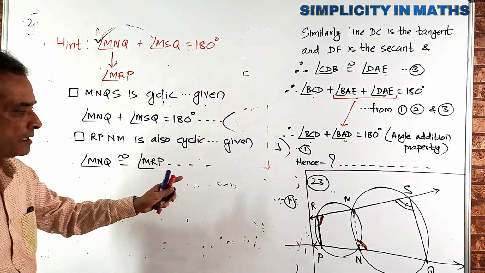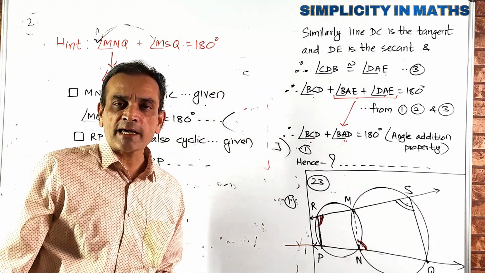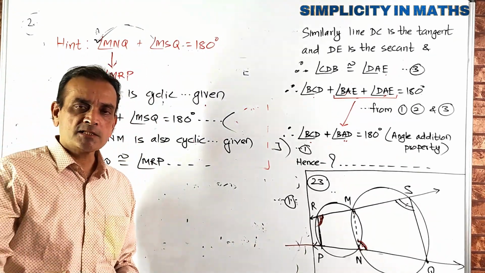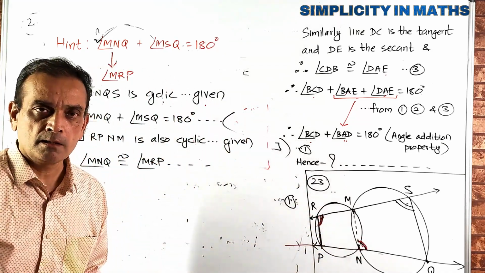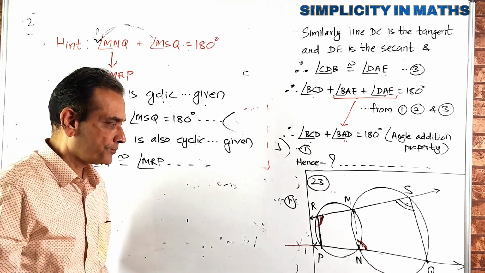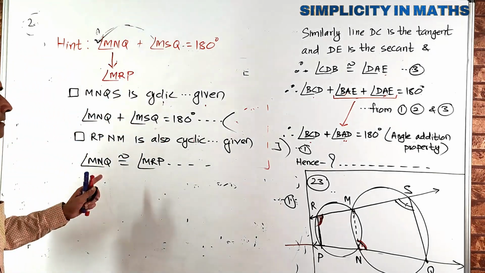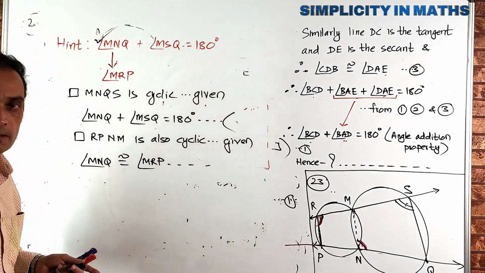Reason, exterior angle property of a cyclic quadrilateral. Exterior angle is congruent to the opposite remote interior angle, right? हो गया? Right. तो अभी hint में क्या लिखा है?